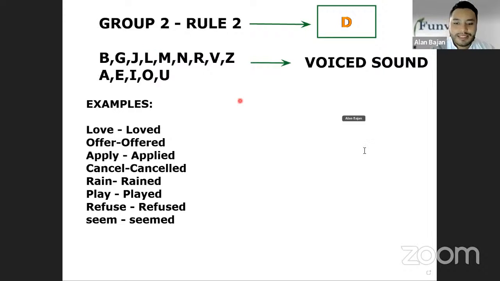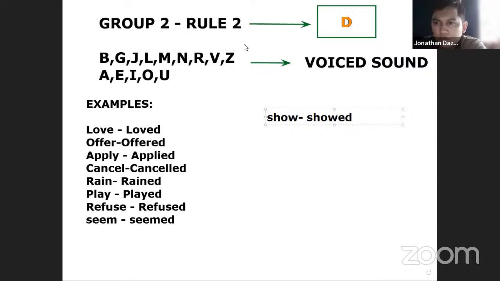Okay. Please, class, help me out with this verb. Show. What is the pronunciation here? What is the letter? Show. Showed. And what is the last sound? The U as in uniform. Oh, O as in Oscar.